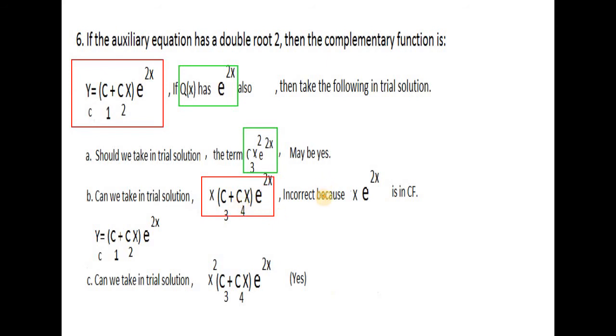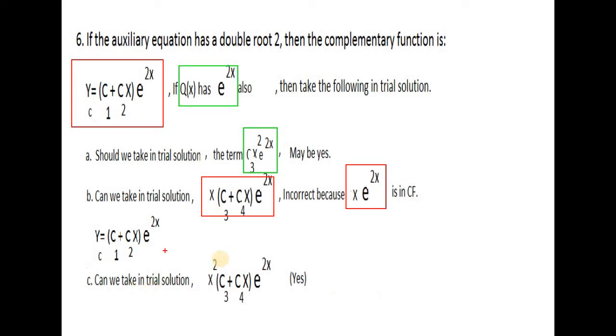It's not correct, because here we have x e power 2x, and this x e power 2x is in yc. This term belongs to yc, so we cannot take this multiplication as our trial solution. The first one is correct, the second one is incorrect.